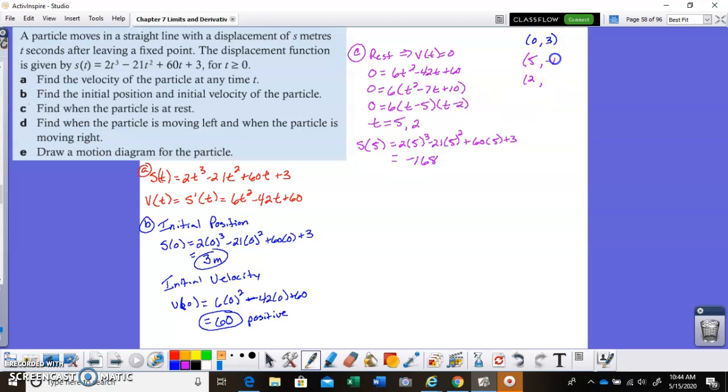So that's going to be at negative 168. Okay? And then I want to find the displacement at 2 seconds. So I'm putting in 2, so 2 cubed minus 21 times 2 squared plus 60 times 2 plus 3. I type that all in my calculator and I get 55. So I have another point at 55.